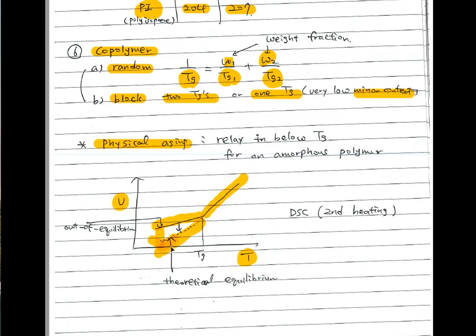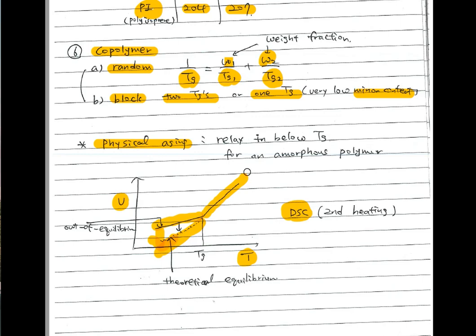Then, if you have this state of polymers, how can you measure Tg by doing DSC measurement? If you recall the basic experiment for DSC measurement, what you have done is something like this. You first heat up the sample, and you cool down the sample, and then again you heat up the sample, right?